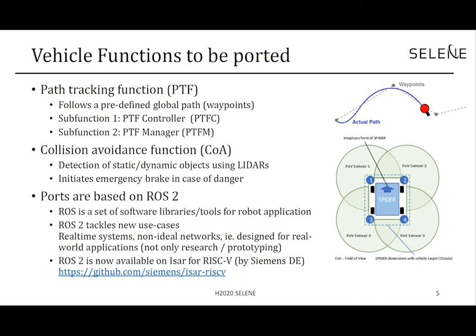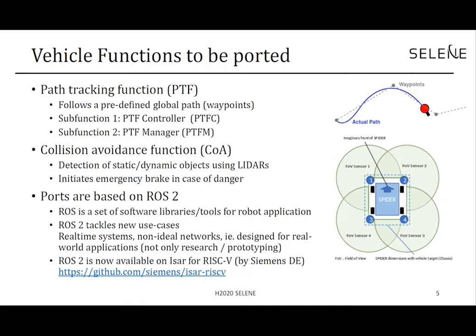Don't mix it up. It's the collision avoidance function. The collision avoidance function enables the Spider to stop or to slow down its operation when there are obstacles around. It initiates an emergency brake in case of danger. That's, of course, a safety critical function. Both ports are based on ROS2, as we already heard from Carlos.